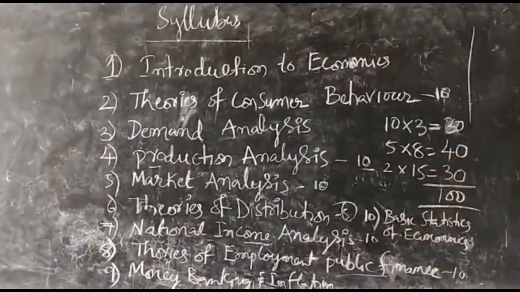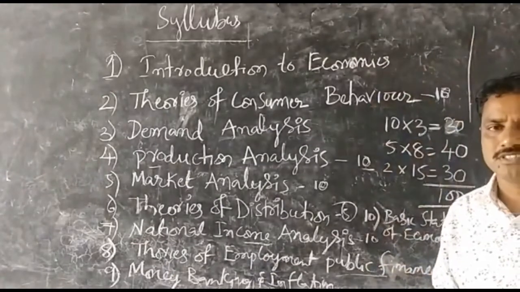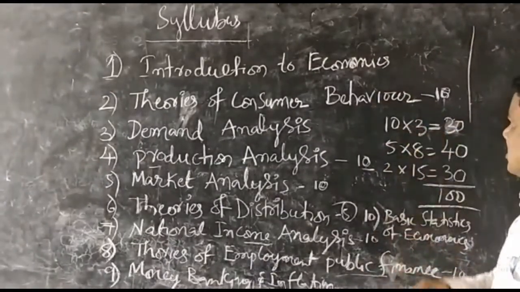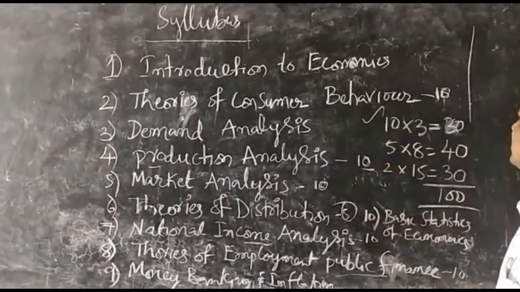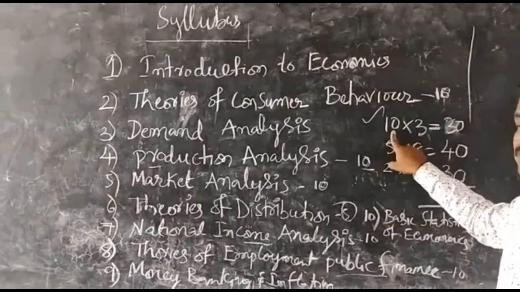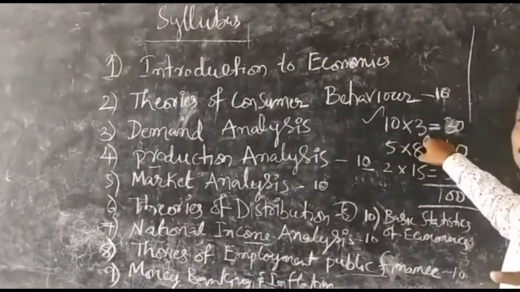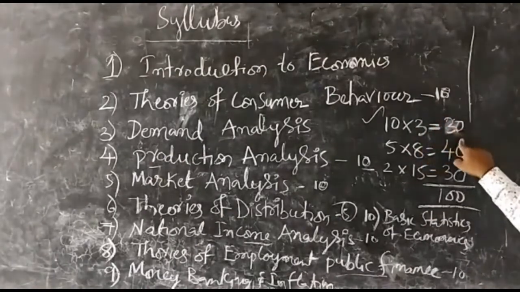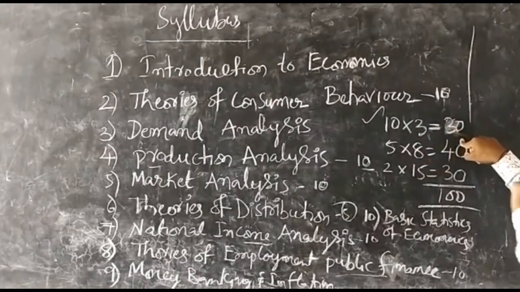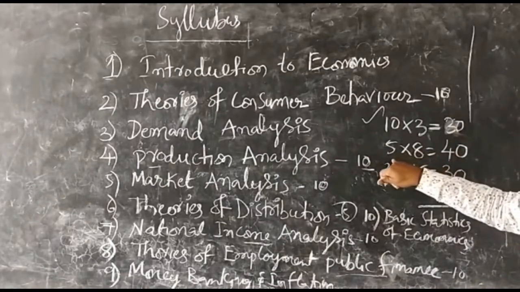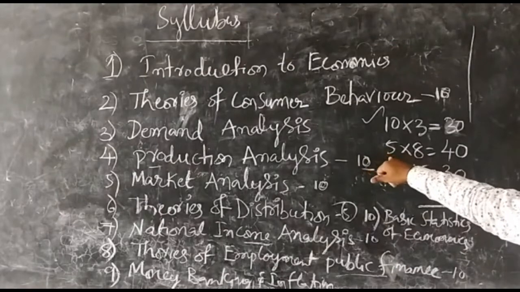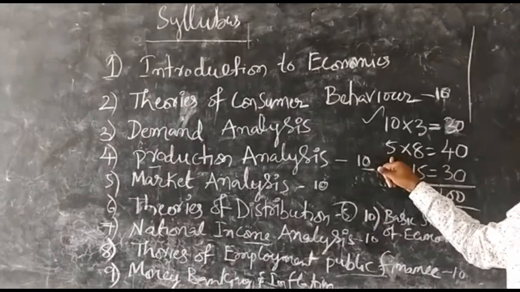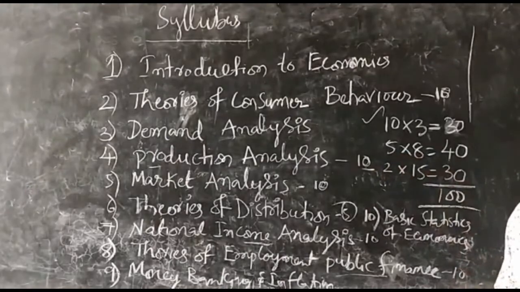In the total first year economics syllabus, the annual examination has 10-mark questions; you write only 3 ten-mark questions, totaling 30 marks. Then there are 5-mark questions; you write 8 questions in your annual examination, totaling 40 marks.